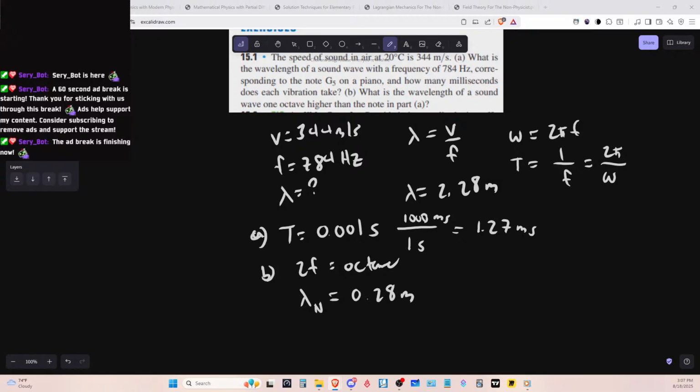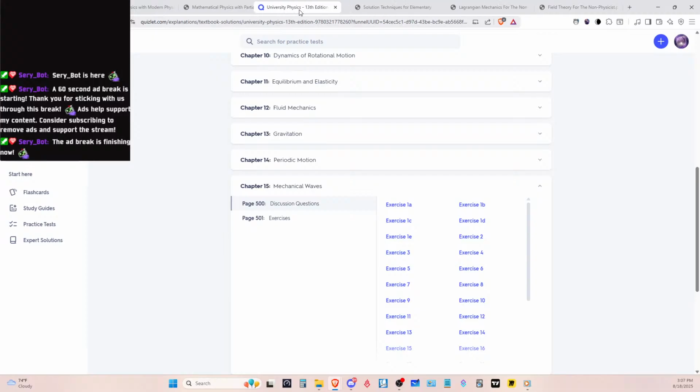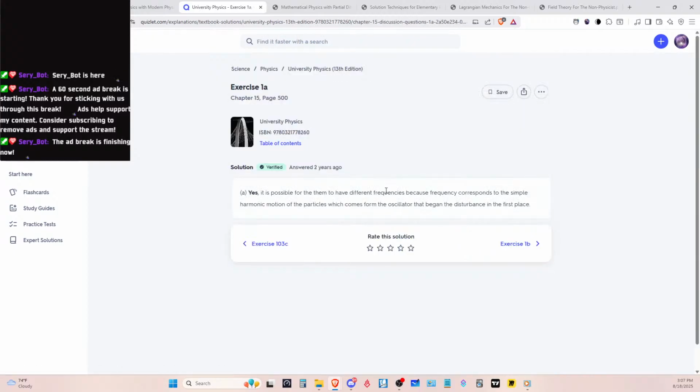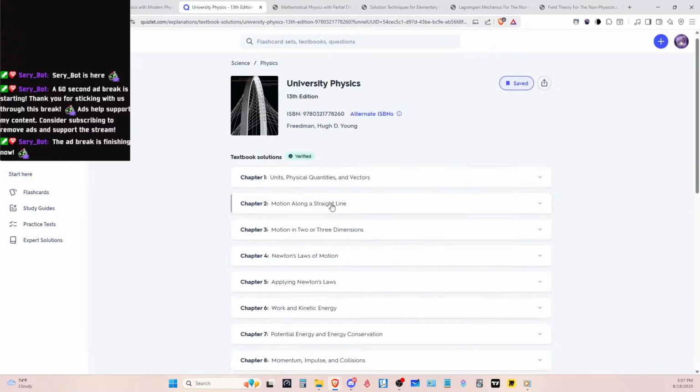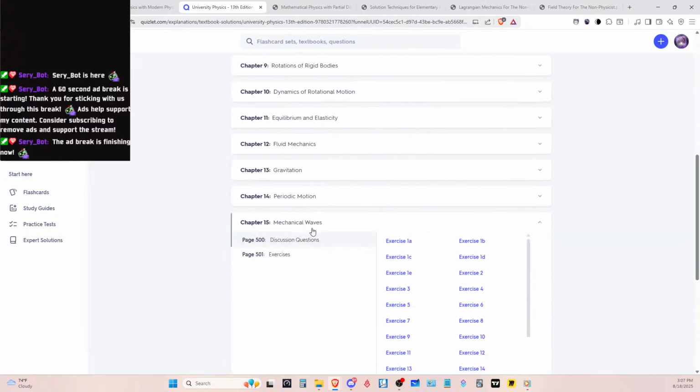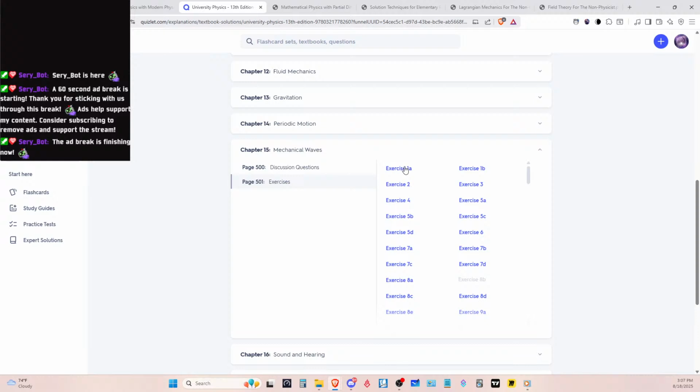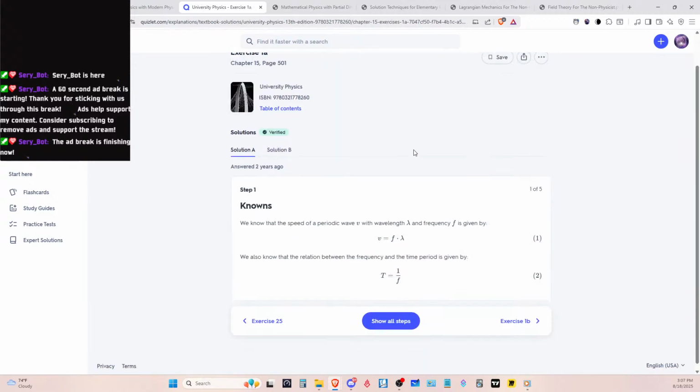Here we go, and we're on chapter 15, mechanical waves. Bring this down here so you guys can see it. We are working on problem 1. Oh, I think this is discussion questions. Exercises. Here we go. Exercise 1.